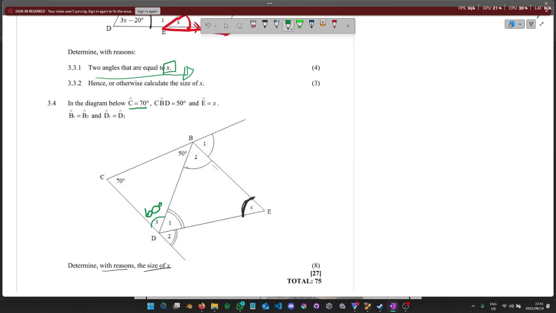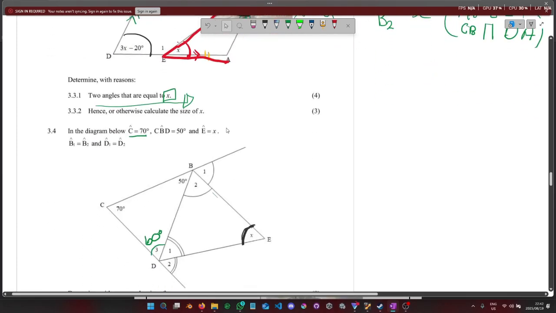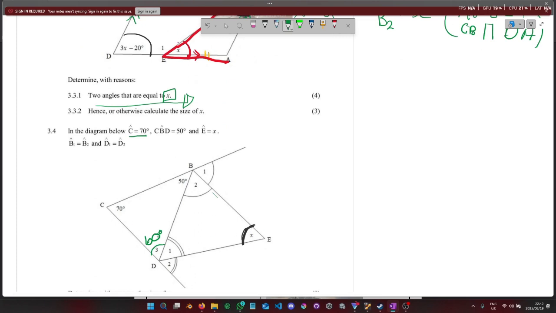Okay. So now, instead of moving X to there, let's try and get these values. If we look at this, it is a straight line.